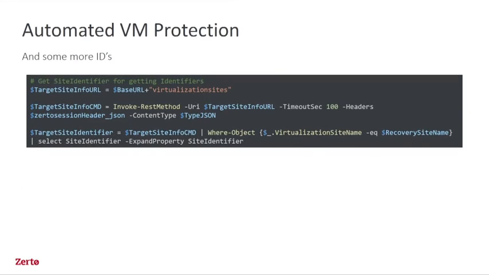So the target site, we're pulling that from the Zerto API using the virtualization sites, which lists all the sites we know in Zerto and shows the ID as well. We pull the ID from that and we put that in the right variable. So we can use it again to populate the JSON structure we need.